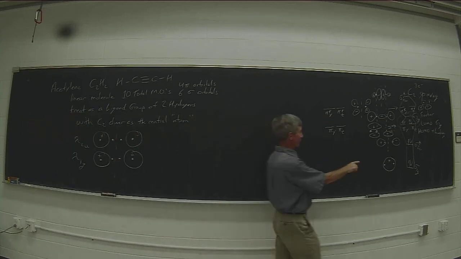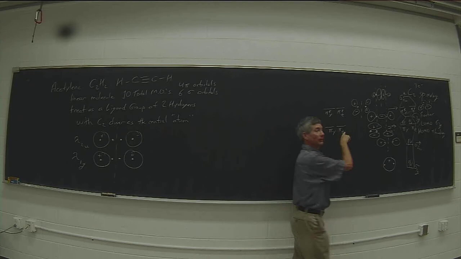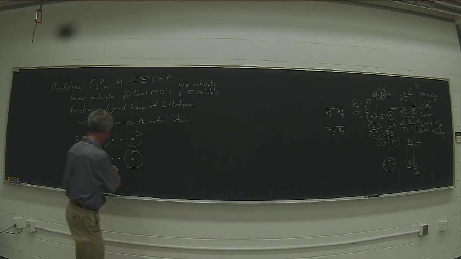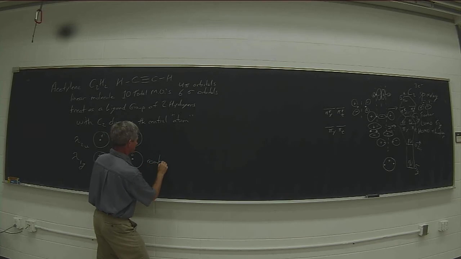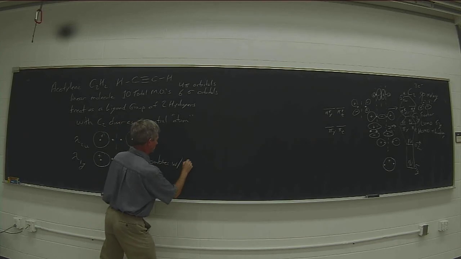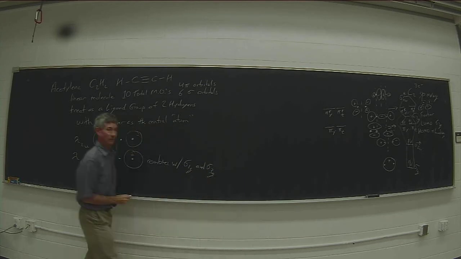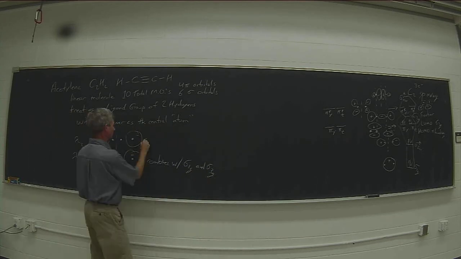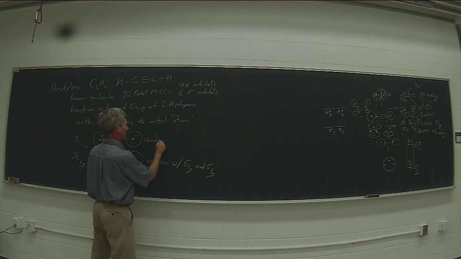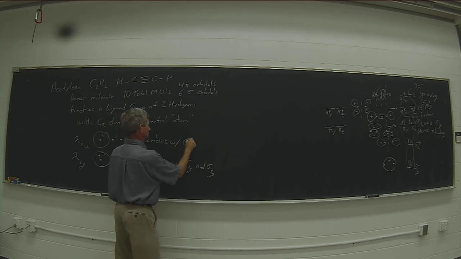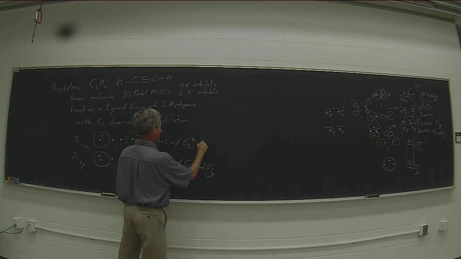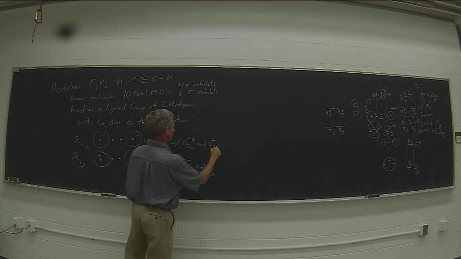So we can combine sigma 1g and sigma 3g with lambda 1g. And we can combine sigma 2u and sigma 4u.